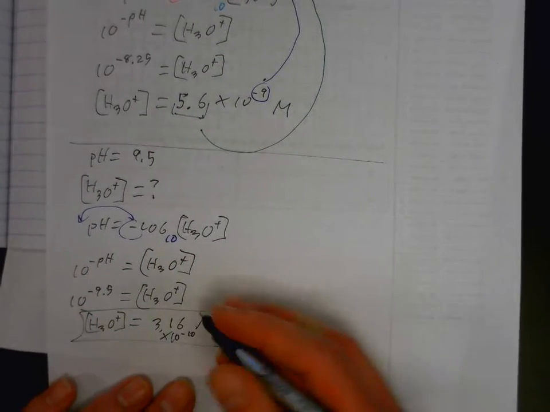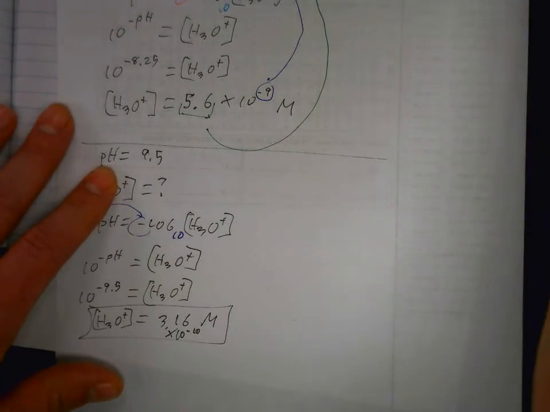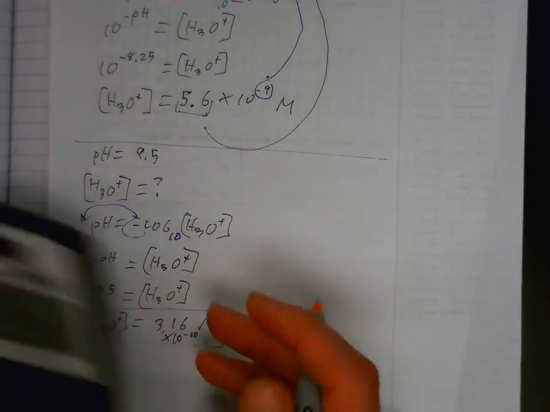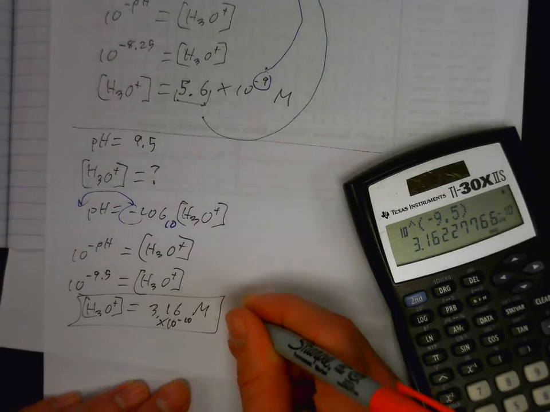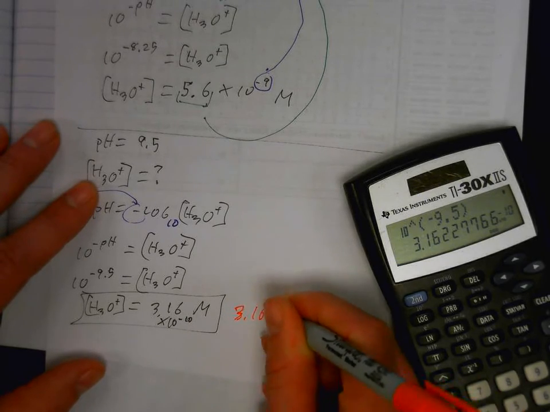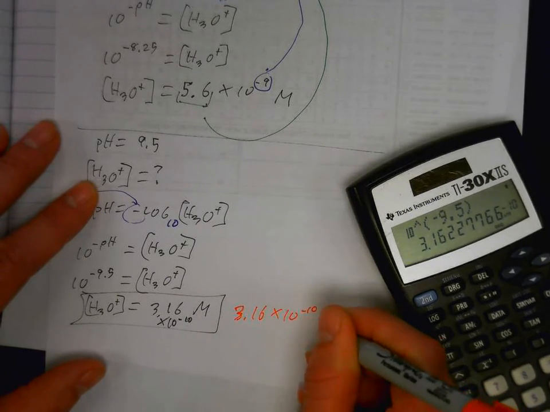So this one is 3.16 times 10 to the negative 10th. Let's write that again. 3.16 times 10 to the negative 10 capital M.